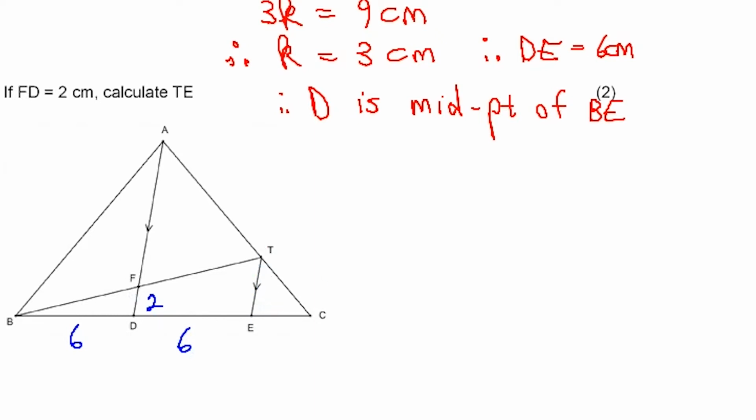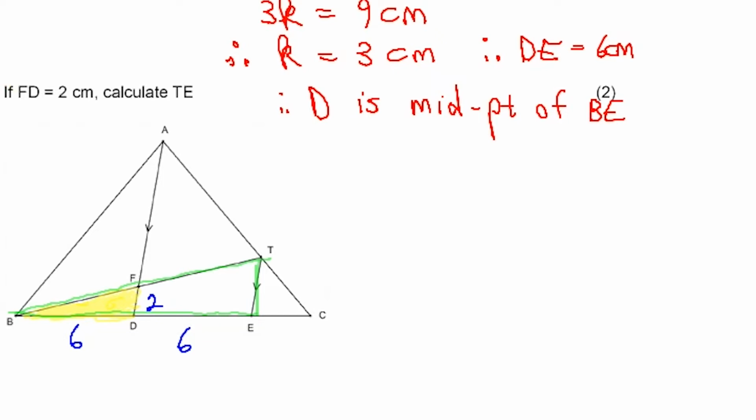The secret to this one comes from realizing that this yellow triangle over here is similar to this green triangle over here. We can see why it's similar.